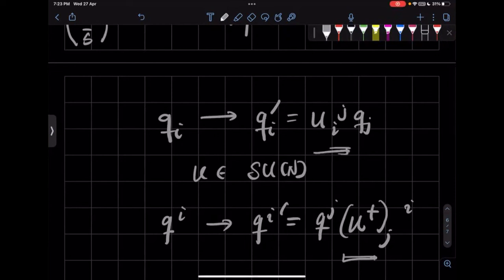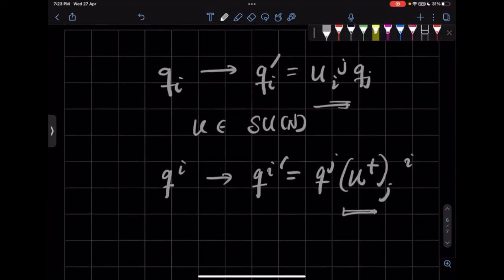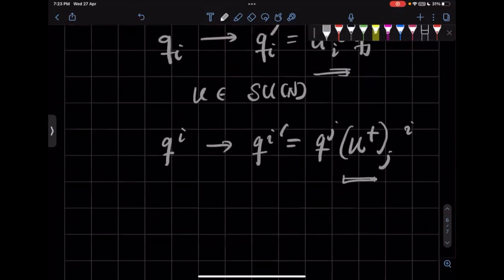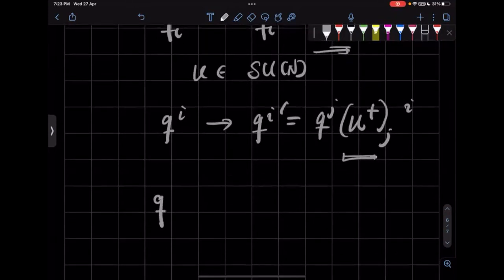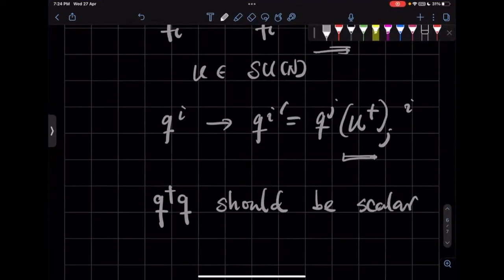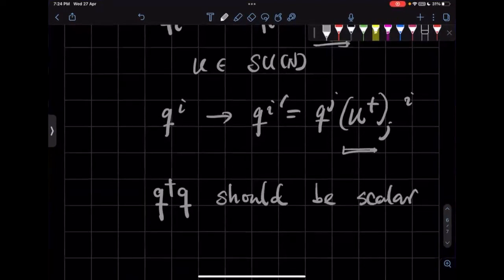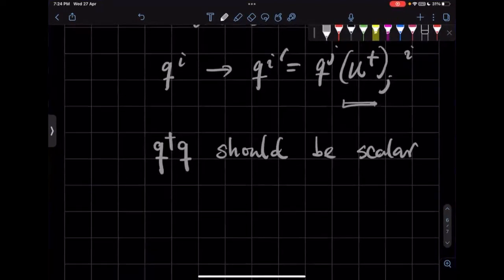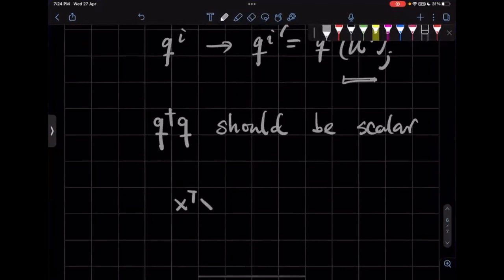So we would expect this thing, Q dagger Q, to be invariant, right? It should be a scalar, because that's what unitary matrices do. We defined orthogonal matrices which will keep this object invariant.